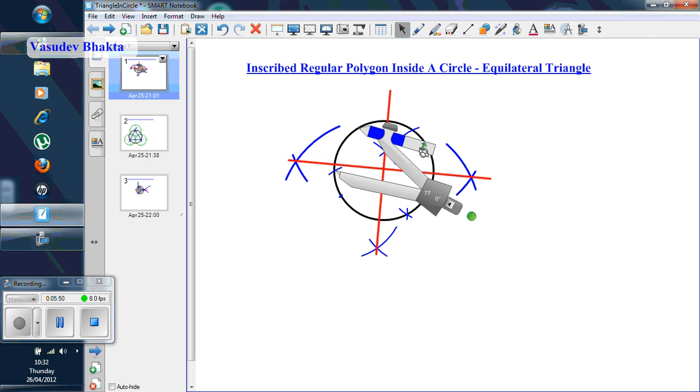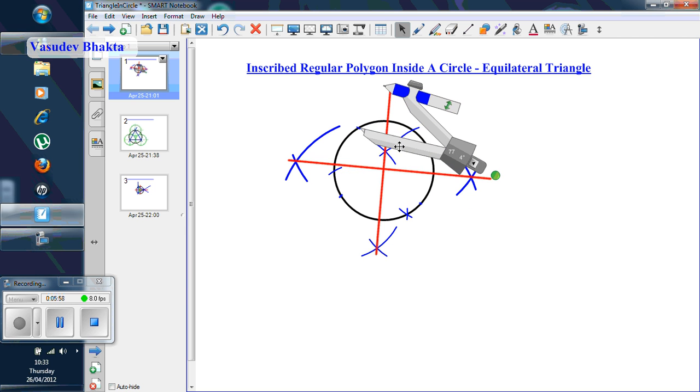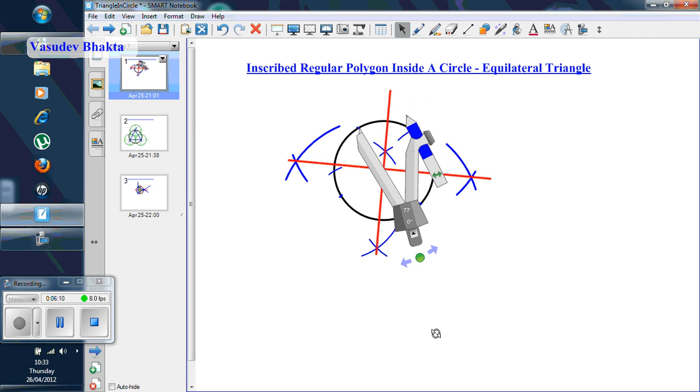You can if you want to. So simply, I'll mark a little point there as a guide reference to where my compass should be, so I can move my compass onto that point with ease, and then spin the compass round.